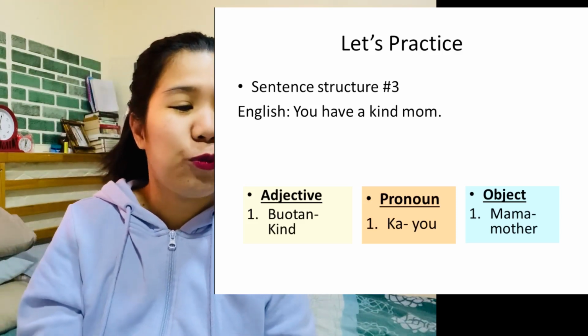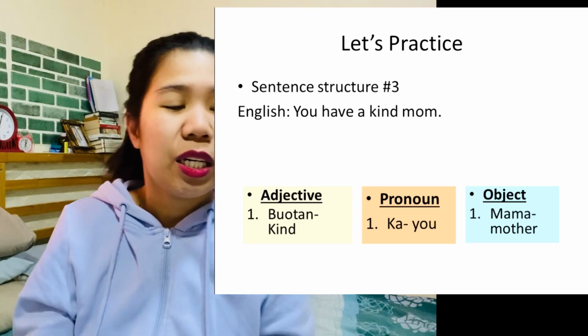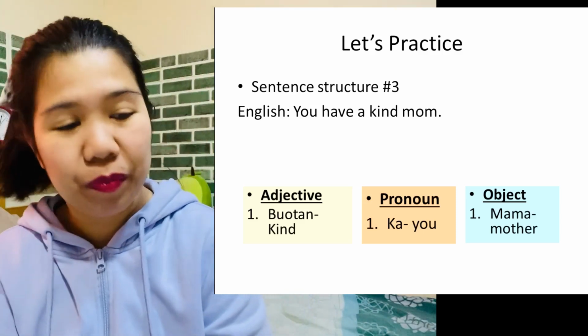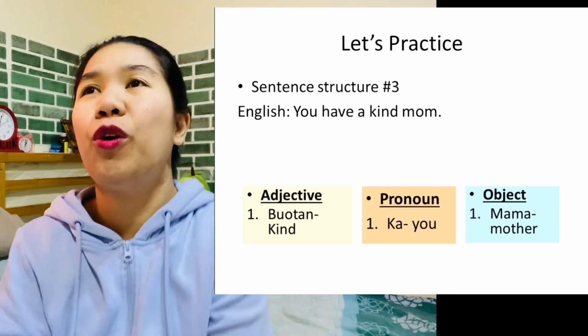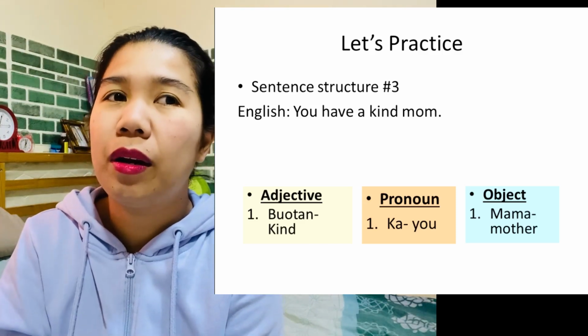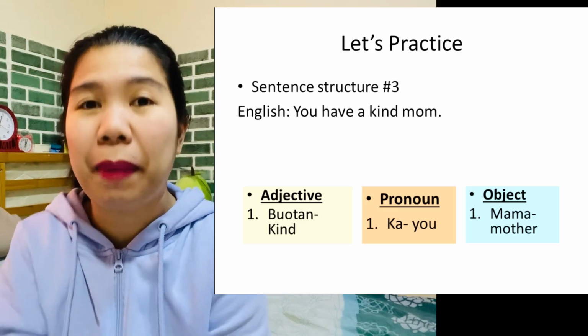The pronoun for you is ka. And then the object, which is mom, is mama in Bisaya. Okay, we often call our mothers mama or inay, nanay, like that. But the most common is mama.